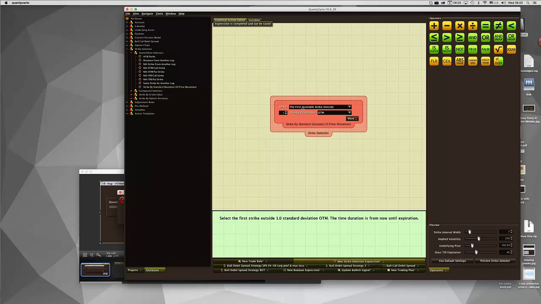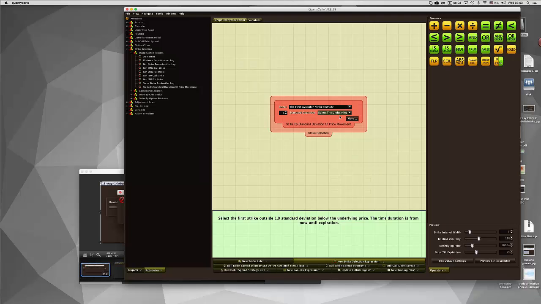So here's my standard deviation strike selector, and I'm going to say, let's say, one standard deviation out of the money. But rather than say out of the money, let's say I want to do below the underlying. That way I don't have to worry about whether it's a put or a call. If you say out of the money or in the money, you have to worry about whether you're talking about puts or calls.